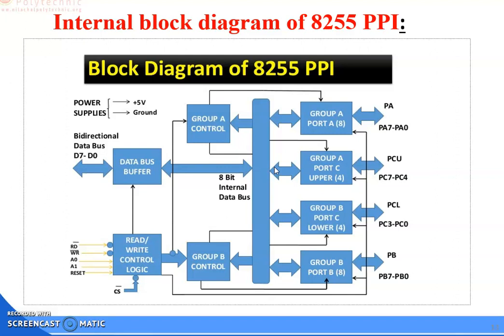Next, one 8-bit internal data bus is present, and one read or write control logic block is present. It consists of the read bar signal, write bar signal, A0, A1, reset and CS bar. CS stands for chip select. And here the power supply is plus 5 volt. Plus 5 volt is given to the 8255 PPI.